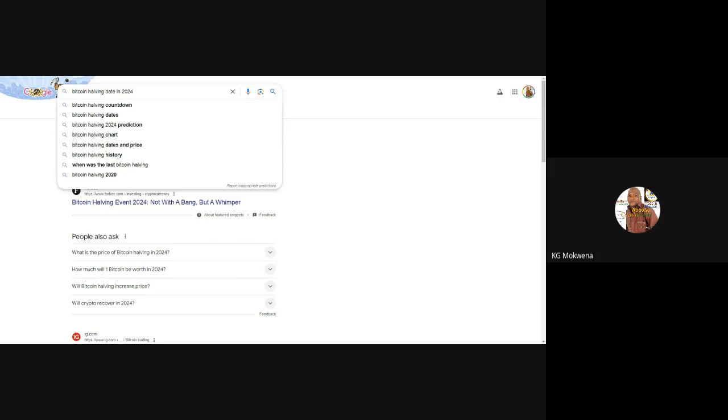Some of you may recall that during 2021, when Bitcoin hit the height of $69,000, Elon Musk and many others were very bullish that Bitcoin was going to hit 100,000 before December of 2021, and that never took place. The highest that Bitcoin reached was $69,000.